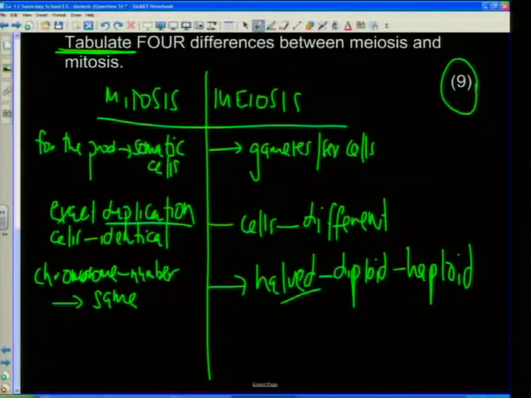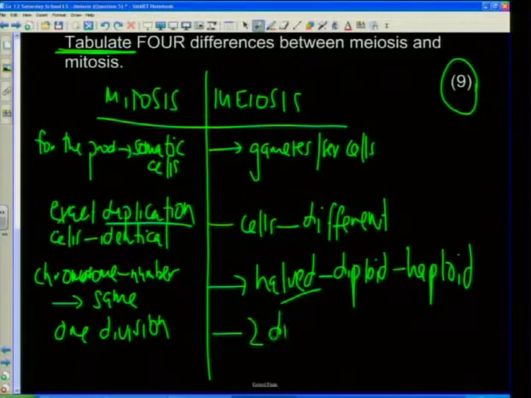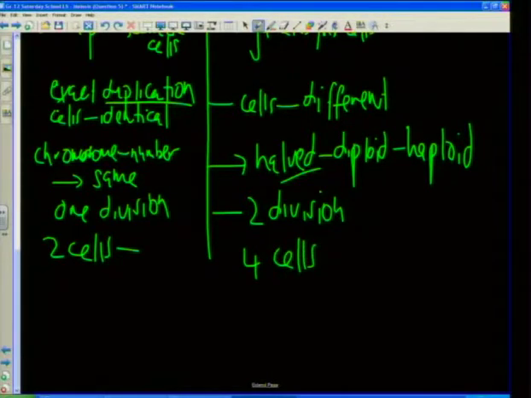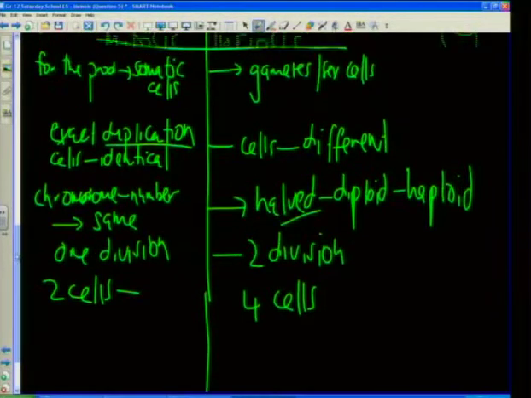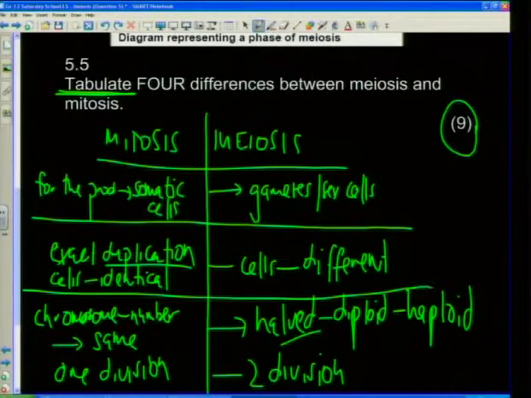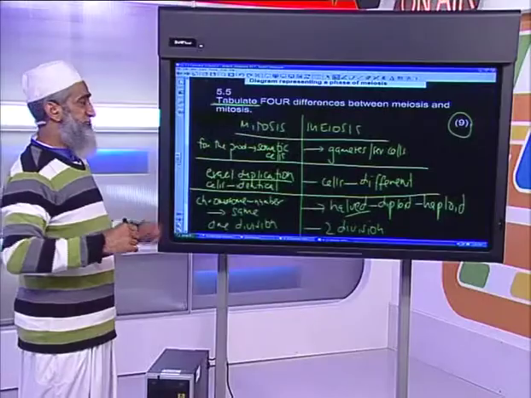Mitosis is 1 division, meiosis 2 divisions. You can add in mitosis 2 cells form and meiosis 4 cells form. That is it. In your case, you would also be required to rule lines across that way so your table is complete as you're going along, because that's what you're getting marks for.